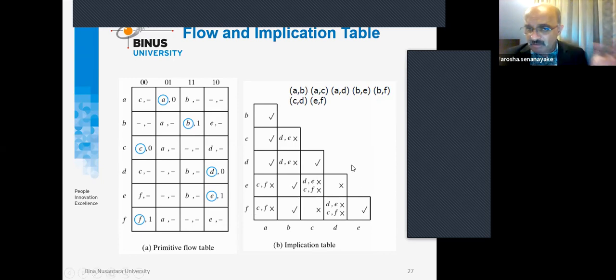Now what happened is that we have to see the C and D rows. When you look at C and B, we have C and B, of course, D, E, right?